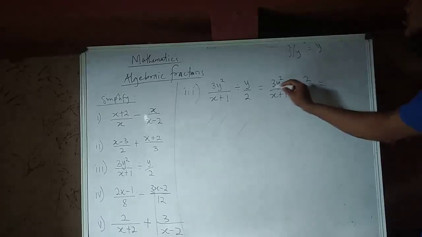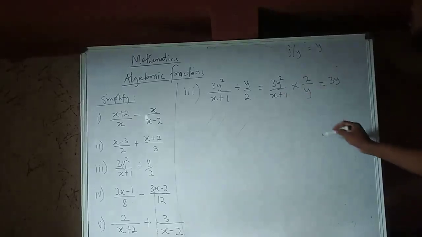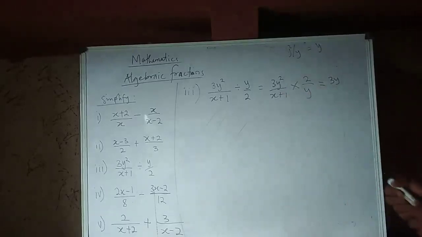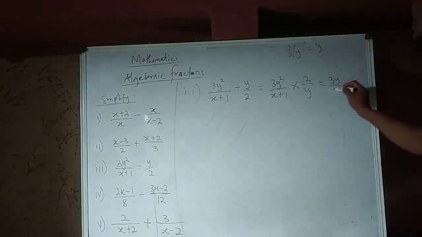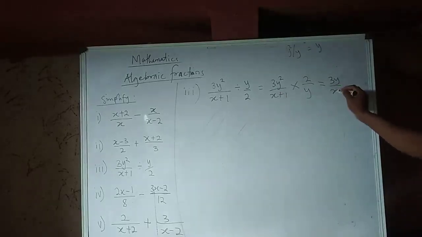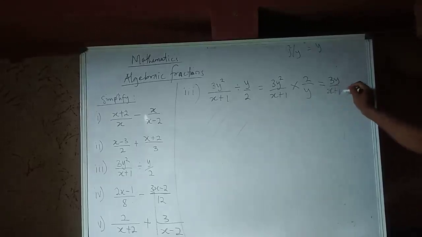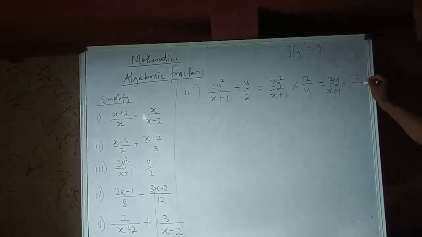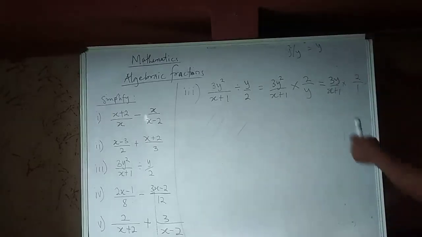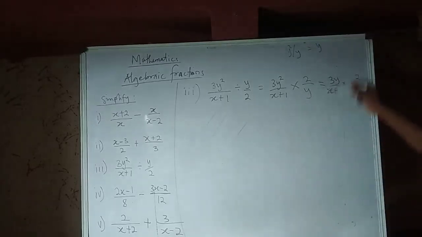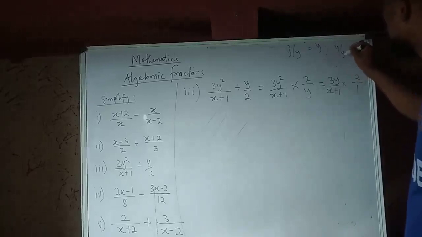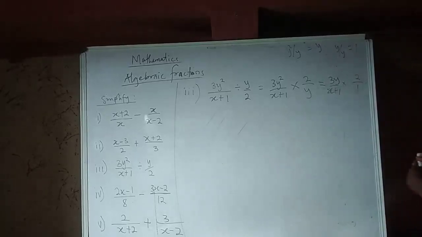So that y times 3 will give me 3y. Remember, when you are solving this kind of problem, this is x plus 1 here times 2 over 1. Now you see, because y divided by y will give me 1. So I used y to divide this, and y to divide this.